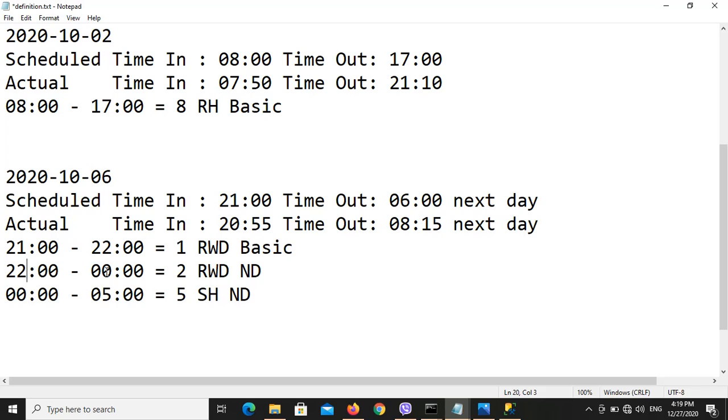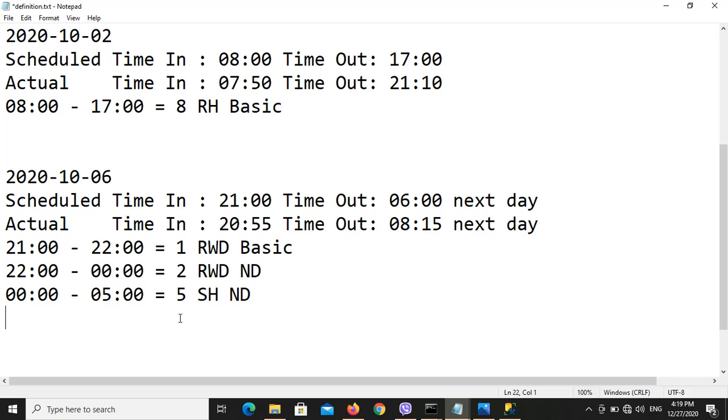Now, from 12 a.m. to 5 a.m., that will be 5 hours of special holiday ND. Why ND? Because it is still within the night differential hours, which is from 10 p.m. to 6 a.m. So if you make a total of this, it will be a total of 8 hours.